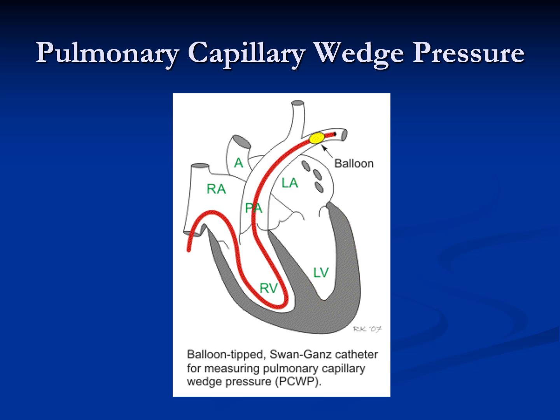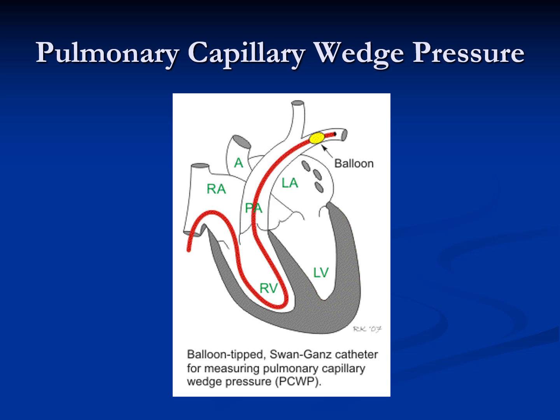Now you have one system, one column of fluid, and the pressure in this column of fluid is the same. And what is this pressure? It's the pressure in the capillaries. So by inflating this balloon and wedging this catheter into one of the branches of the pulmonary artery, you will measure what we commonly call clinically wedge pressure, but what is in fact mean capillary pressure.